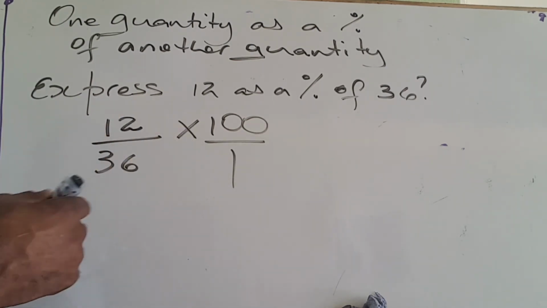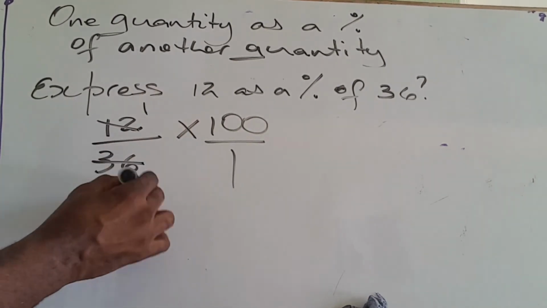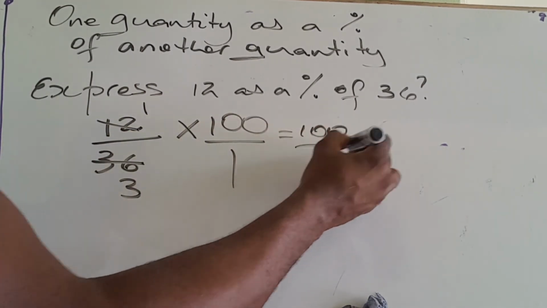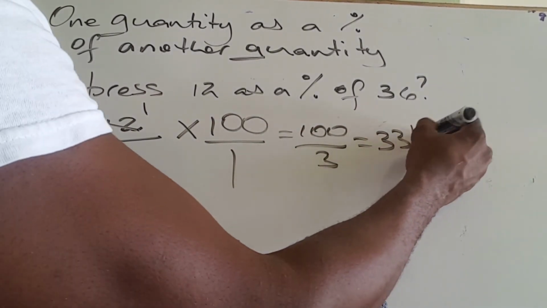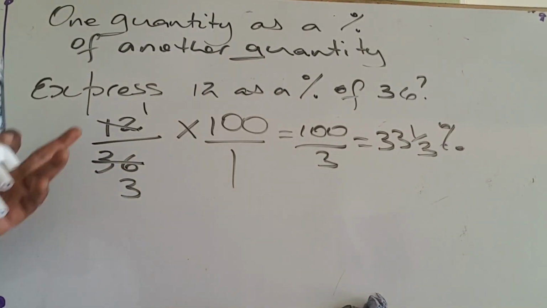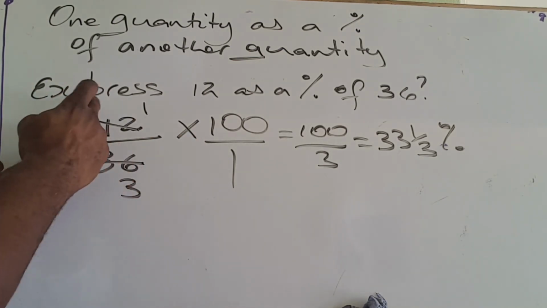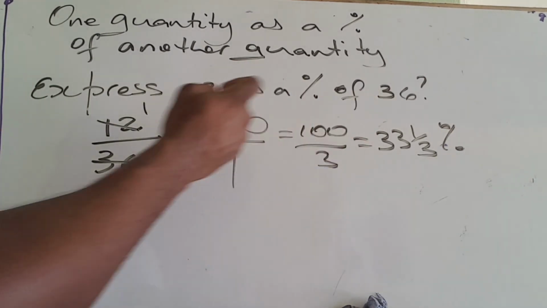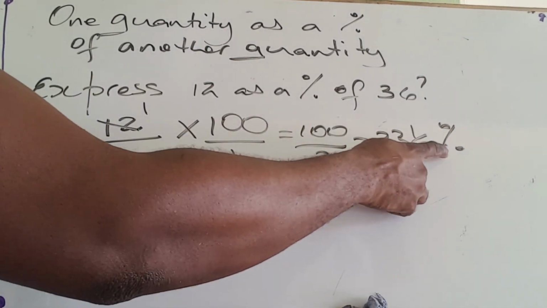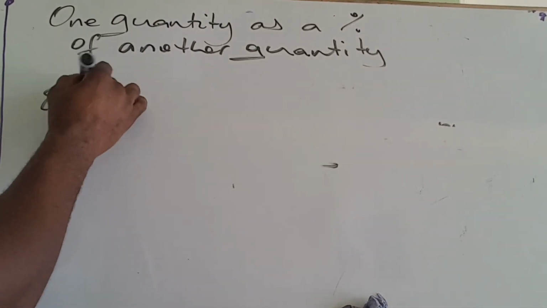Well, let's see. 12 can cancel into itself 1 time, 12 into 36 3 times. 3 divided by 100 is going to leave us with 33.33%. So it is actually 1/3 of it. So expressing 12 as a percentage of 36, our answer is 33.33%.